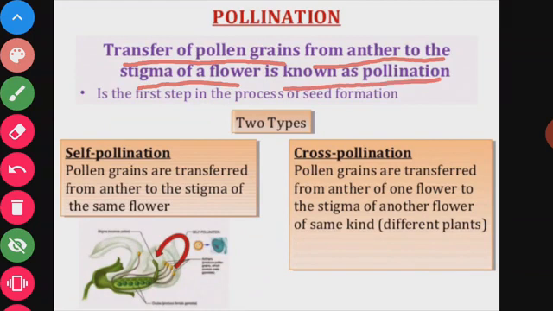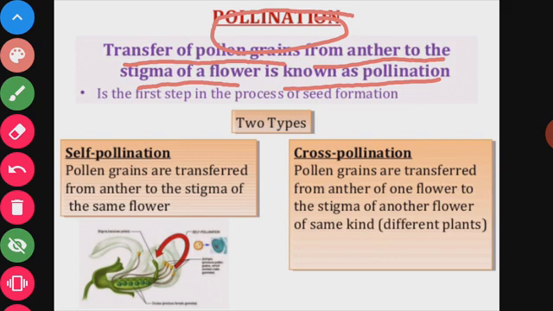In the process of seed formation, pollination is the first step. The transfer of pollen grains from the anther to the stigma, the female reproductive part, is called pollination.